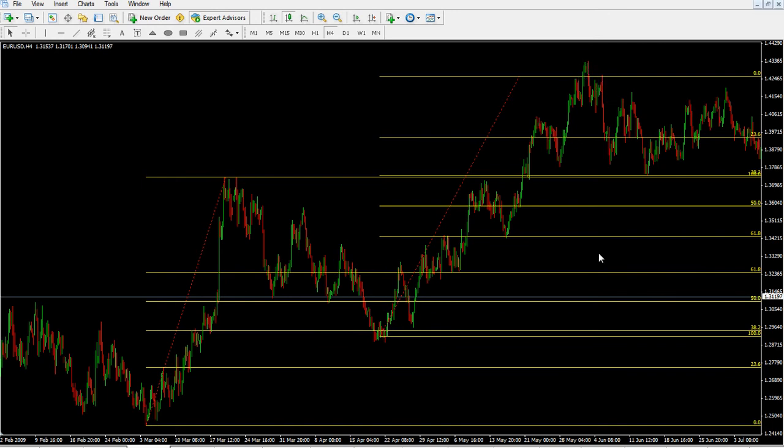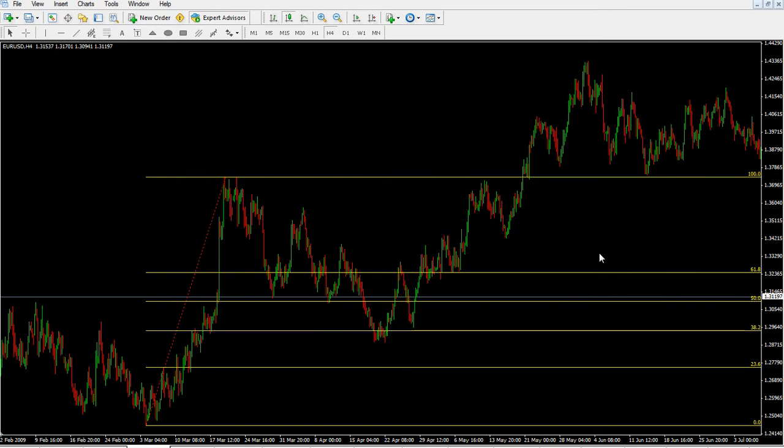What I'm trying to say is that it's not only one wave working with those levels, but different waves. For example, this wave retraced to some particular level, which was also a very important level of this bigger wave from before. So different waves are working with each other at Fibonacci levels.